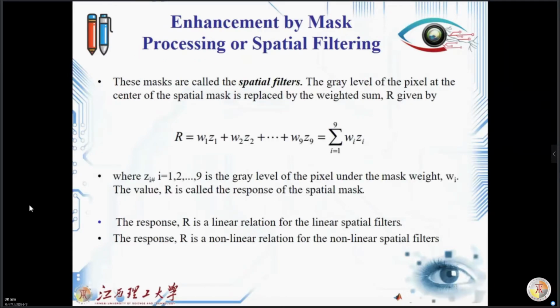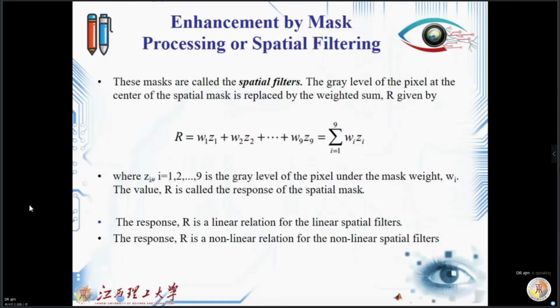The gray level of the pixel at the center of a spatial mask is replaced by the weighted sum, which we call R, the summation of the weights multiplied by Zi, as we saw here. For i equal to 1 to 9, Zi is the gray level of the pixel under the mask weight Wi, and the value R is called the response of the spatial mask.